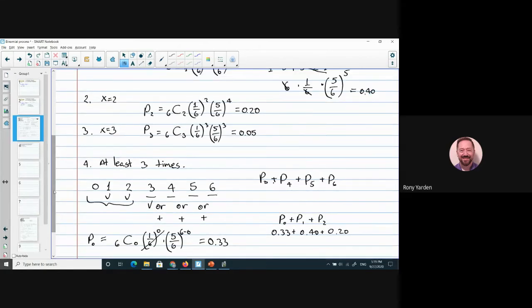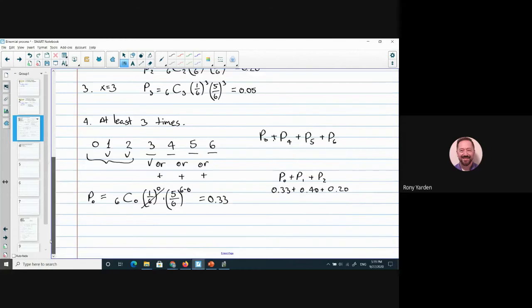That's P1. And if we add all these numbers, we get that P0 plus P1 plus P2 equals 0.93. Which means there is a 93% chance that it will show 0, 1, or 2.